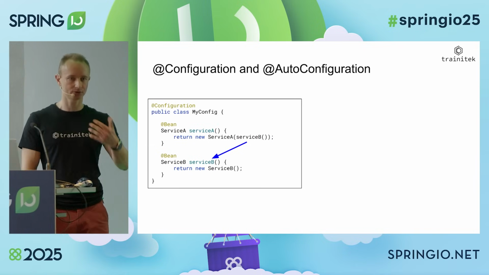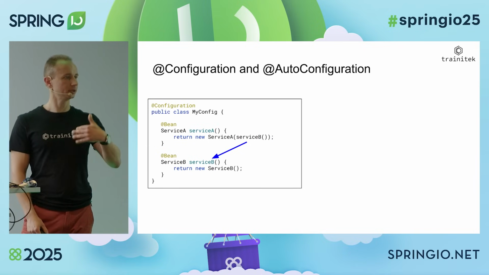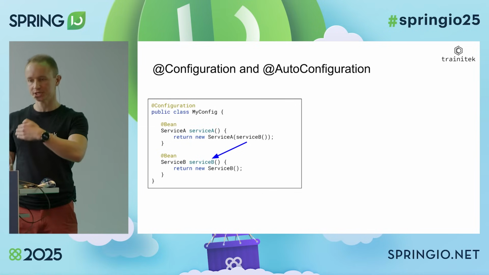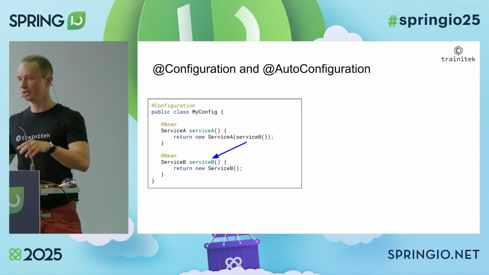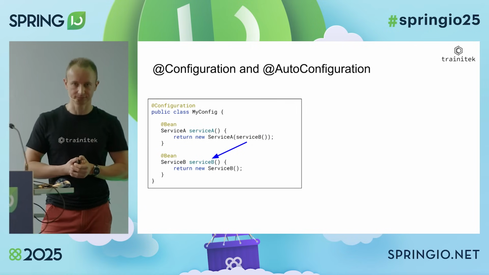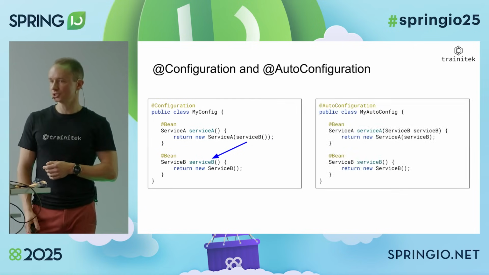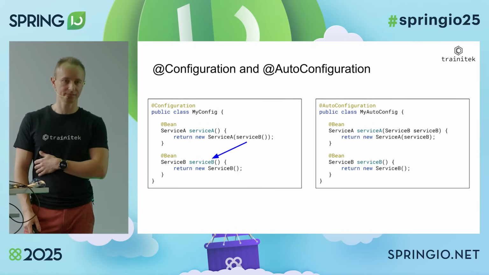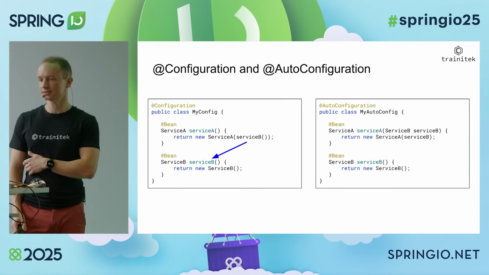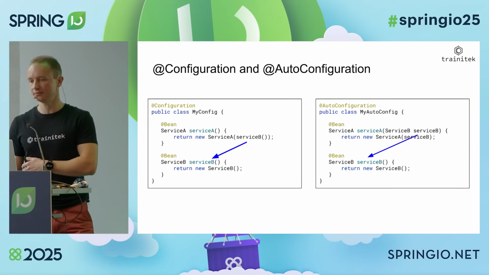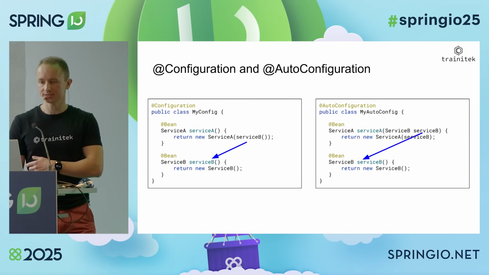Spring will create a proxy, and when you call a local method, it will return the same shared instance of the bean all the time. If you use auto configuration, no proxying will take place. In this case, you need to specify the dependency as a parameter to the method that creates your bean. This is the main difference.